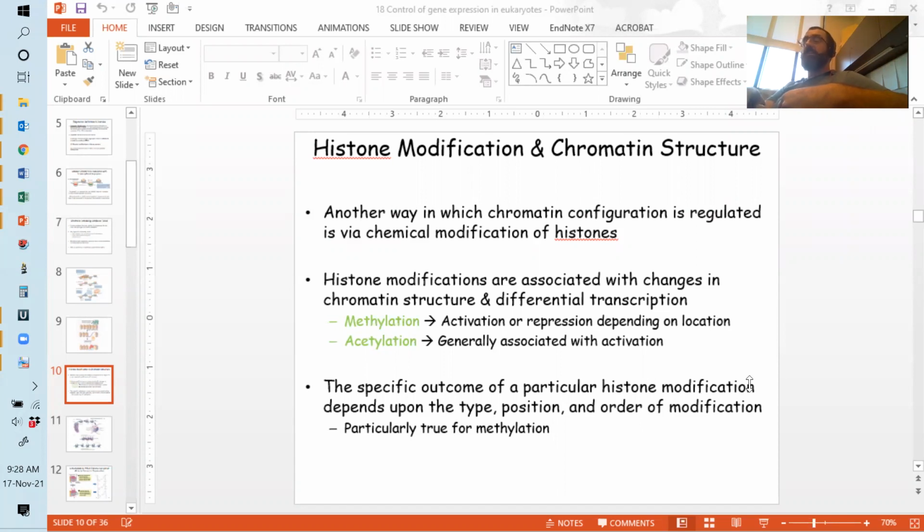Okay, so the addition of an acetyl group removes that positive charge. So acetylation equals transcription.